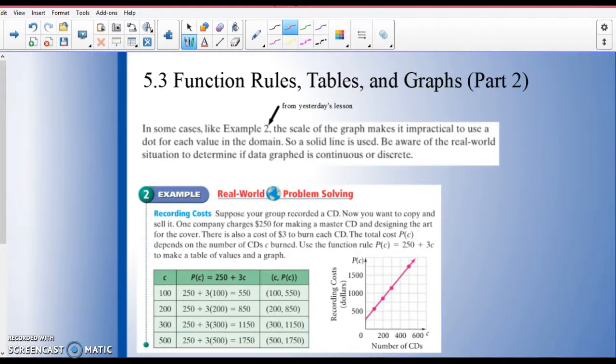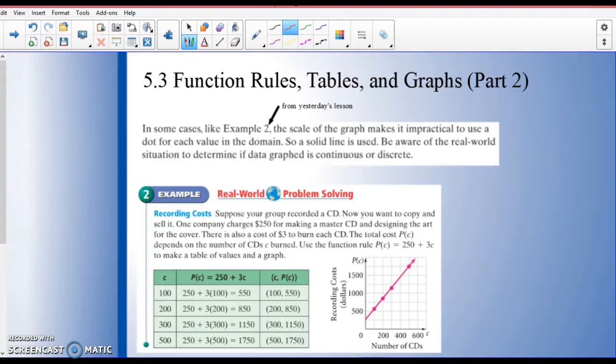For some cases, like example 2 from yesterday's lesson. Yesterday's lesson, example 2, said this: a local video store can rent a video game for $3.